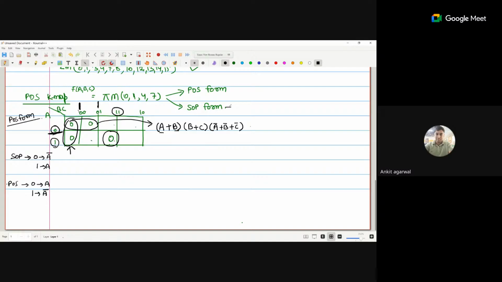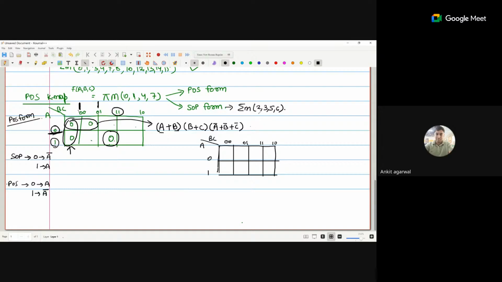Second method is the SOP form, so we convert into the SOP. The terms defined in the POS are not defined in the SOP, so sigma m 2, 3, 5 and 6. So 0, 0, 0, 1, 1, 1, 0, 0 and 1.